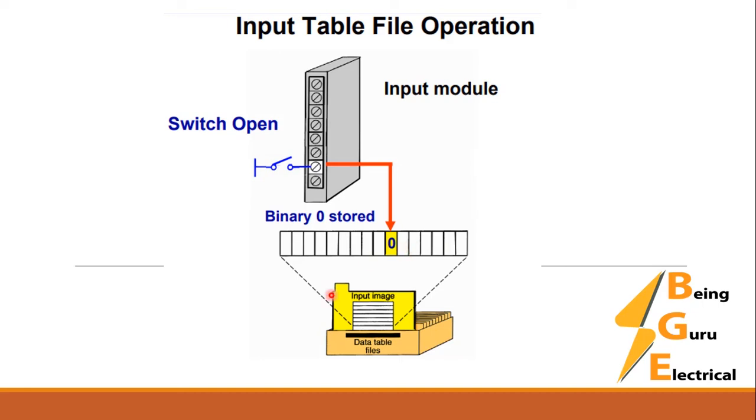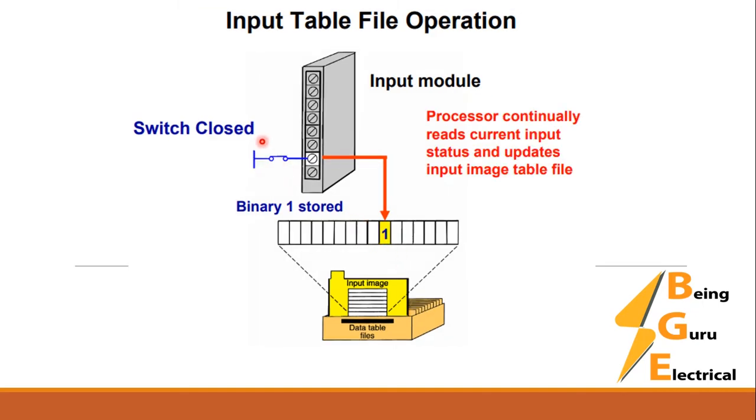This switch is open, so this is 0. If it is closed, it will switch to 1. See, this switch is closed, now this is 1. The processor continuously checks the status of the input, and as a result of a change in the input, it updates the data registers. This we will discuss later when we discuss the program cycle of the PLC.